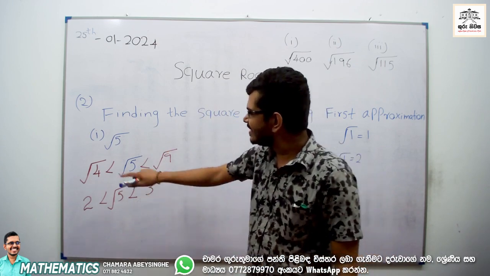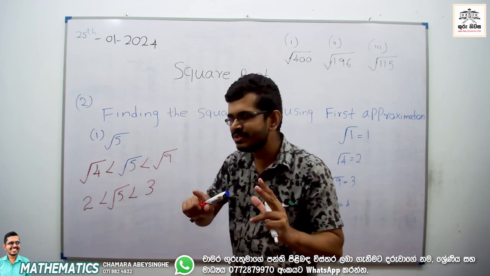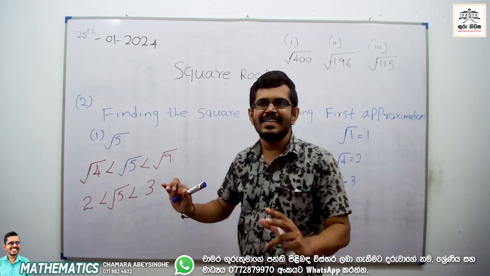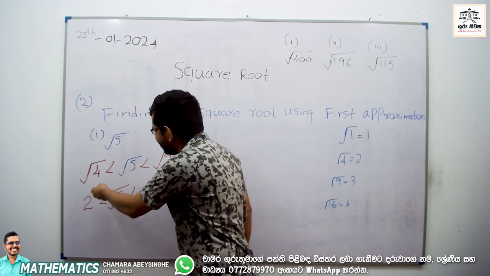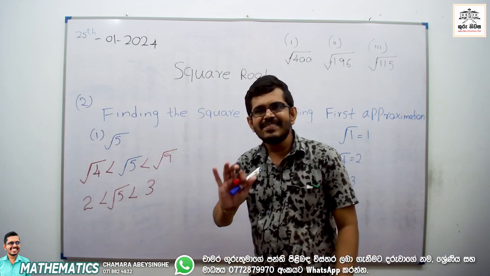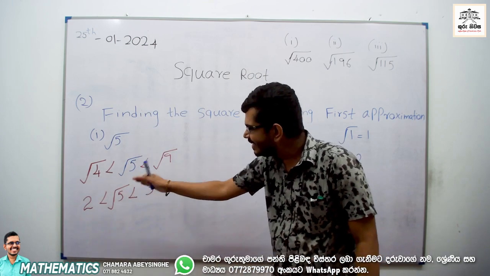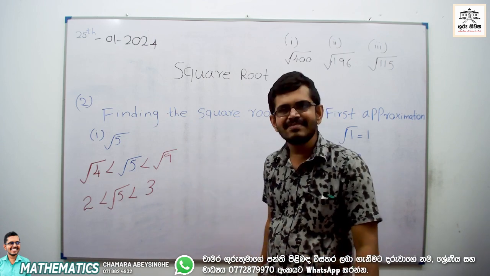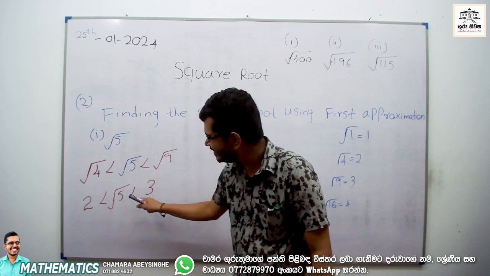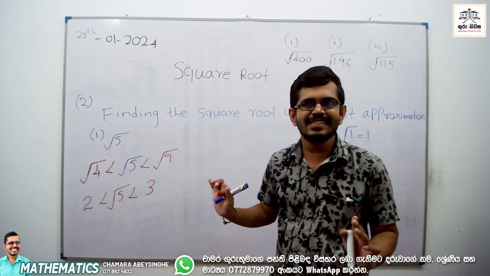Again I explain, square root 4 is 2, square root 9 is 3. Only I changed the values of square root 4 and square root 9. මම change කළේ square root 4 වලයි 9 වලයි values දෙක විතරයි. කිසිම එකක් change කළේ නැහැ. sign එක ඒ විදිහමයි, square root 5 එකත් ඒ විදිහමයි.